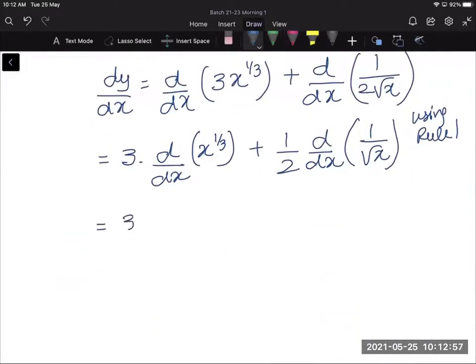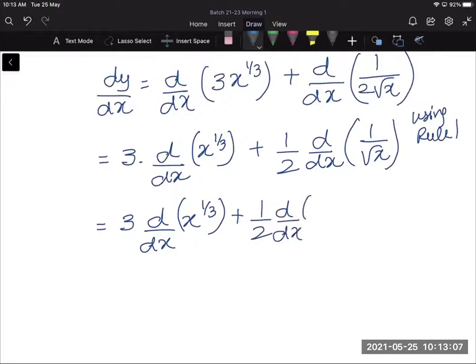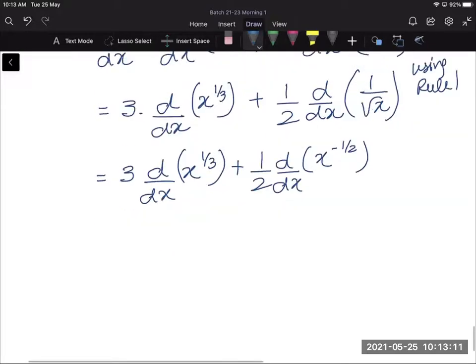So I just want to write this in a better way. 3 d by dx of x raised to power 1 by 3, plus 1 by 2 d by dx of x raised to the power minus half. Right? I want to write it like this. And now I simply apply the formula d by dx of x raised to the power n is equal to n x power n minus 1.